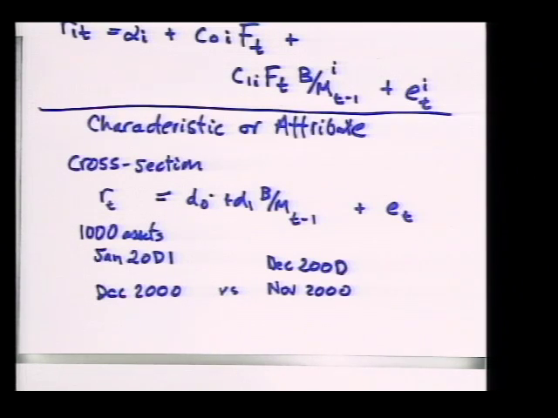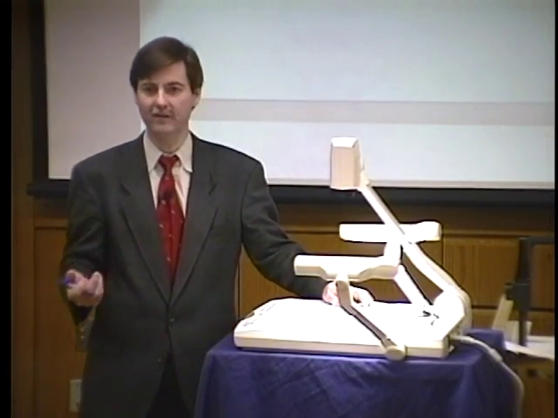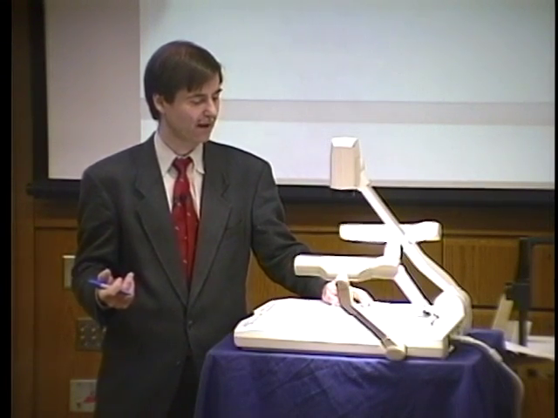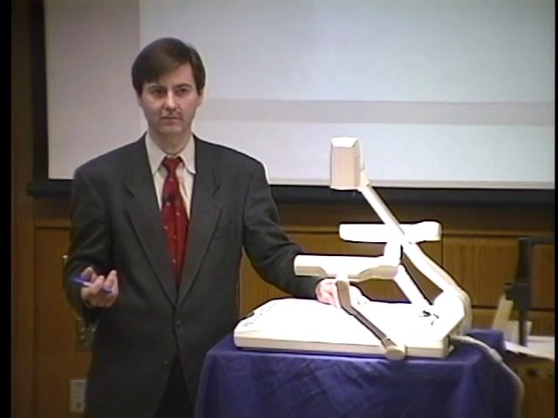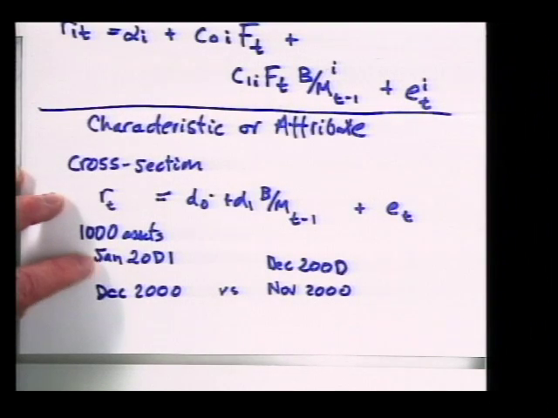Sometimes it flips sign. Now tell me how a sign flip could affect our strategy. Think about how we're using this model. We estimate it, and it's a positive relation, let's say, and we estimate in January 2001. Okay, we get a positive relation. And then we observe the January 2001 book to markets.